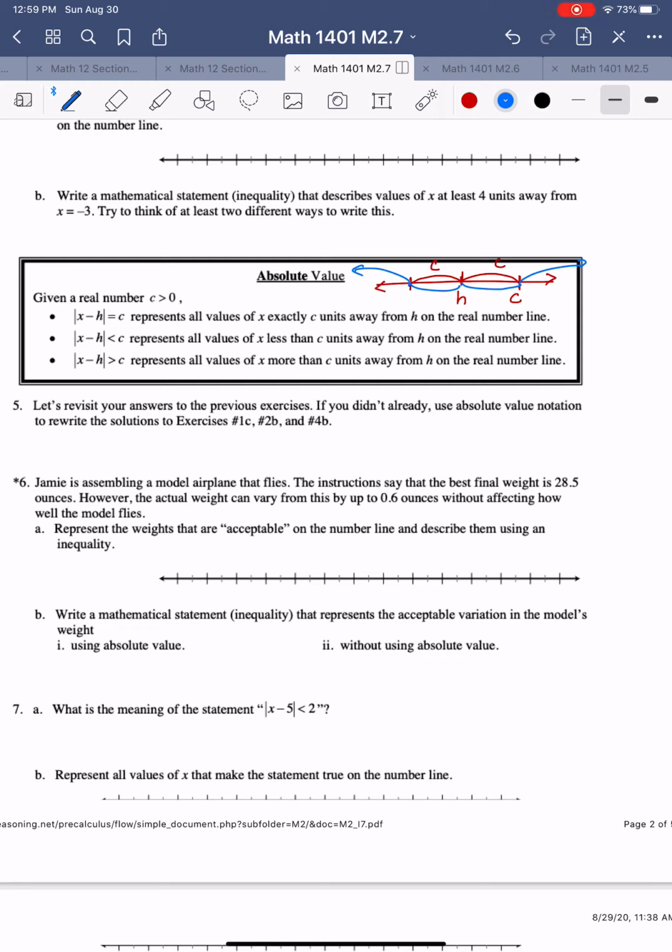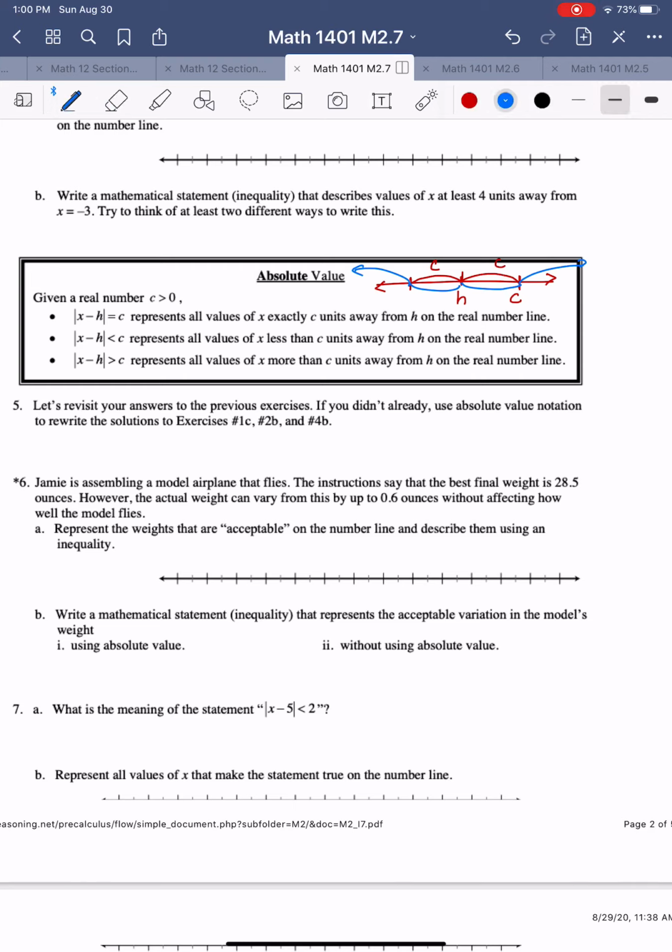Okay, so I want to put down the 28.5. So let's say individually about the numbers in here. This is 28, 29, 30, 31, 32. Sorry about that.